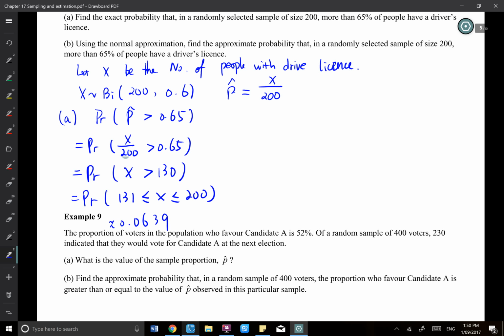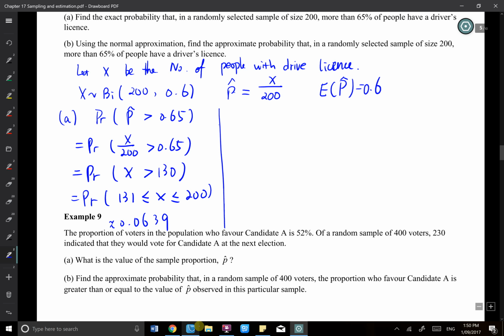Why is it exact? Because I'm talking about x: how many people need to have a driver license in the sample? When it equals 130, there will be exactly 65%. But I need more than that, so I need to start from 131. What's the expected p hat, everyone? 0.6.